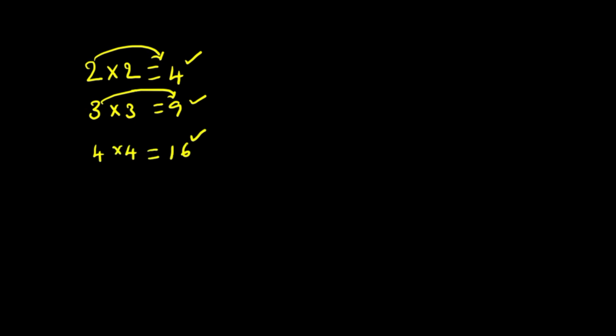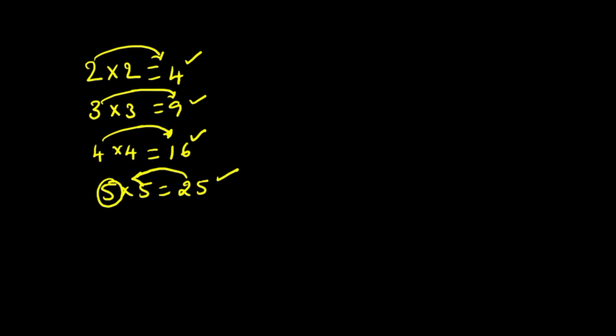This 16 is called the square of 4. Now for example, 5 into 5 is equal to 25. This 25 is called the square of 5, but this 5 is called the square root of 25.